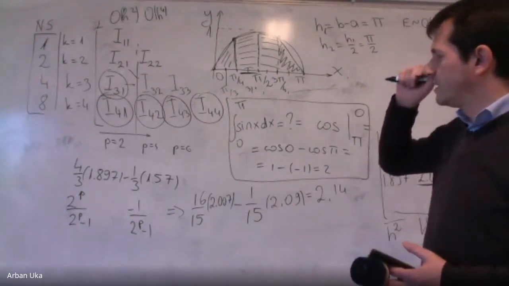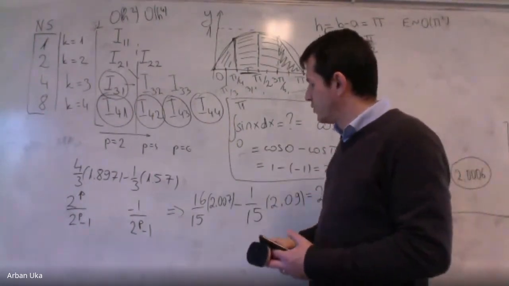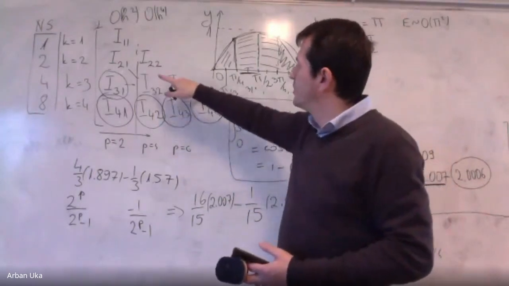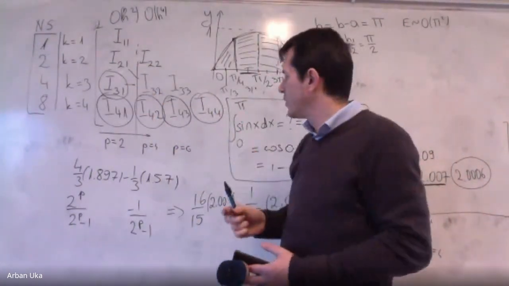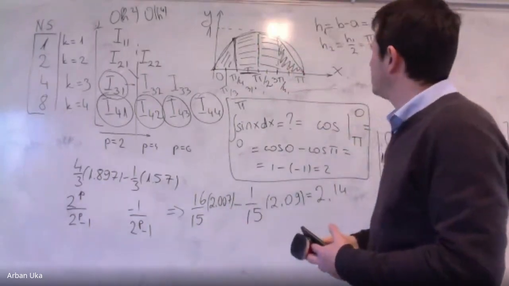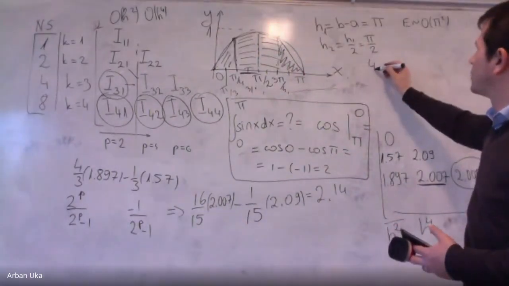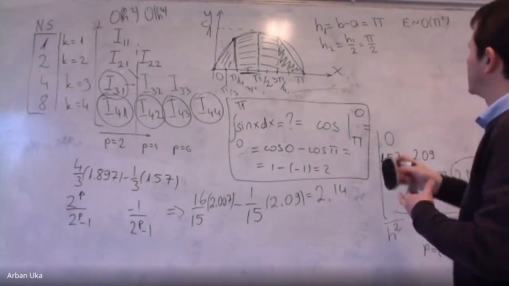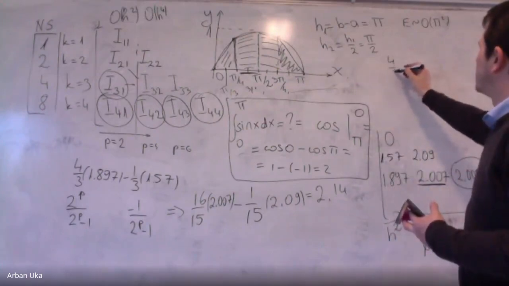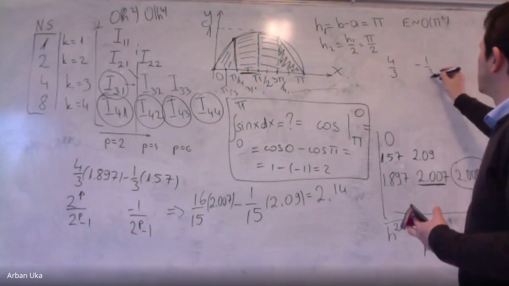But one thing that we may need to check is, to go from the first column to the second column, what coefficients did we use? We used the coefficients of 4 over 3 and minus 1 over 3, right? We did 4/3 minus 1/3.